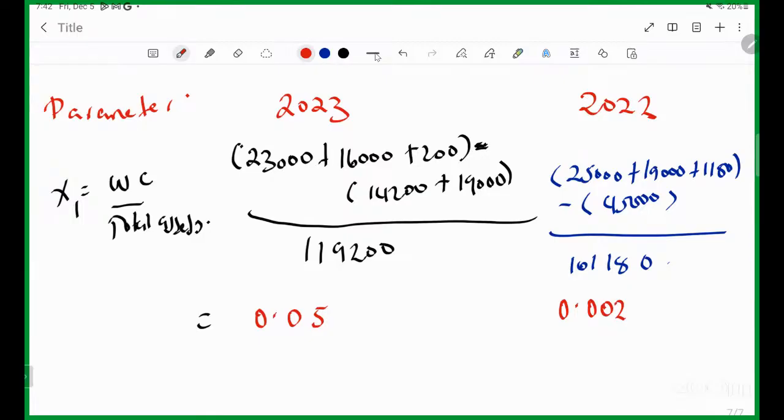Just 0.002, or are there some other decimals? Give me 4 decimal places. 0.00206. 0.00206. What about here? 0.0503. Thank you.